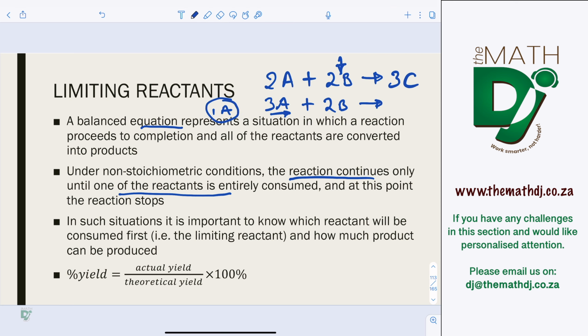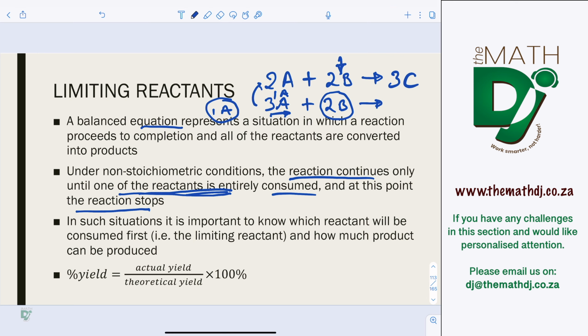So that's what we mean, that under non-stoichiometric conditions, the reaction continues only until one of the reactants is entirely consumed. At this point, the reaction stops. So when B is finished, the reaction stops, although there is still 1A remaining from the 2A that was used.